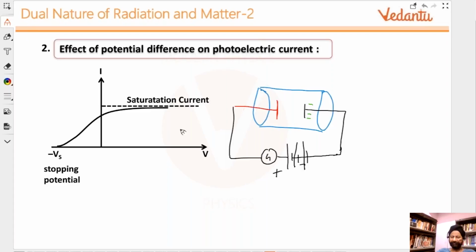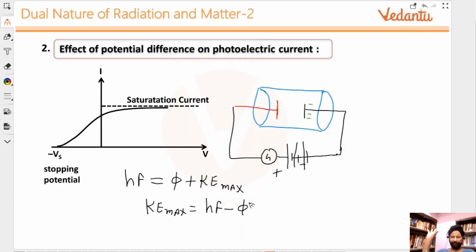I keep doing it 5, 6, 7, 8, 9 times so that everybody understands this. h times frequency is the photon's energy that is falling, that was used up to release the electron plus give kinetic energy. And this kinetic energy, you're talking about the surface electrons. So that is the maximum kinetic energy of any electron. So kinetic energy maximum is equal to hf minus phi. Okay, clear so far?